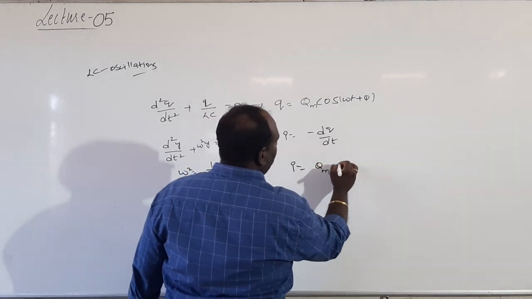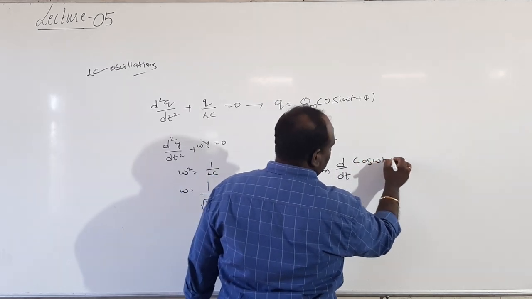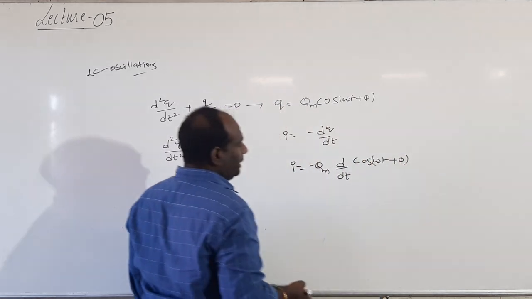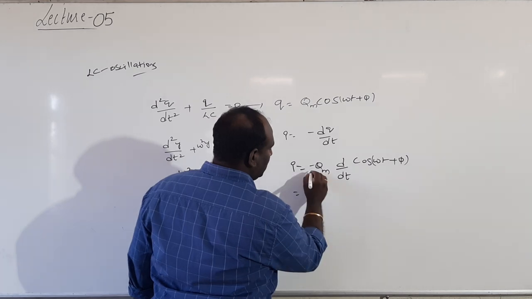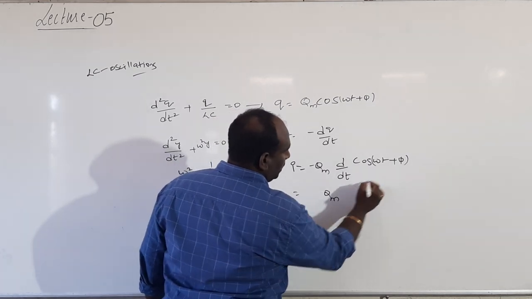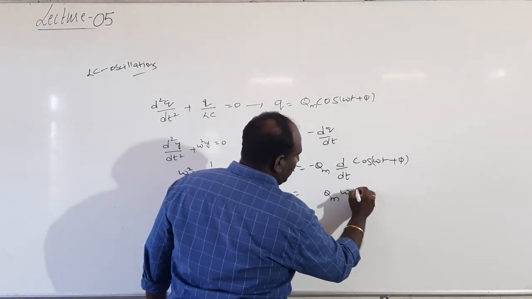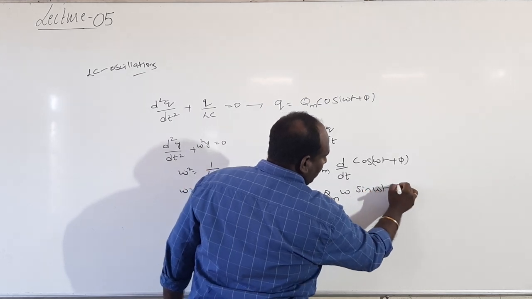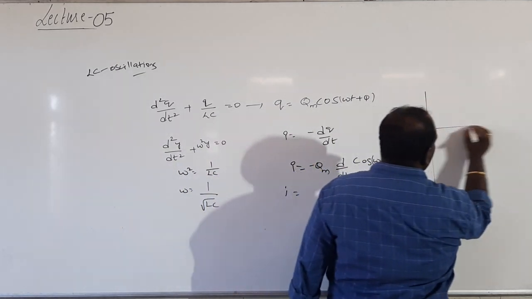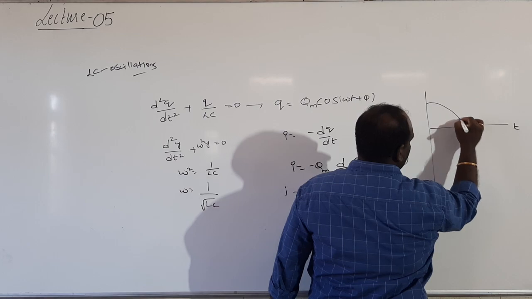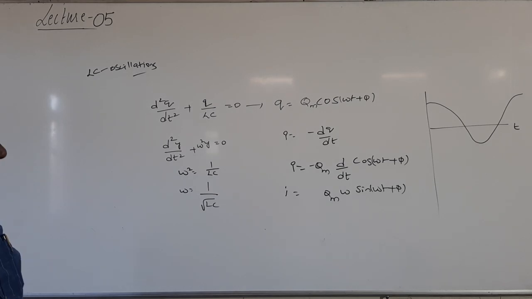I = −qm d/dt cos(ωt + φ). Cos on differentiation gives minus sin, so the minus signs cancel, and we get I = qm ω sin(ωt + φ). This is the expression for current. If you draw the graph for charge with respect to time at t = 0, I will write it here so you can understand clearly.